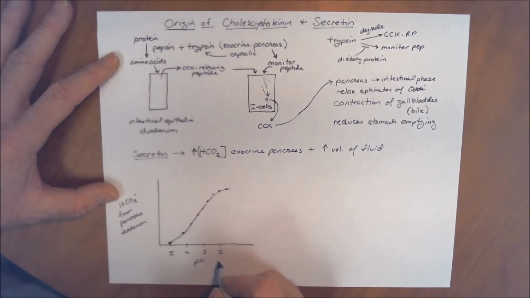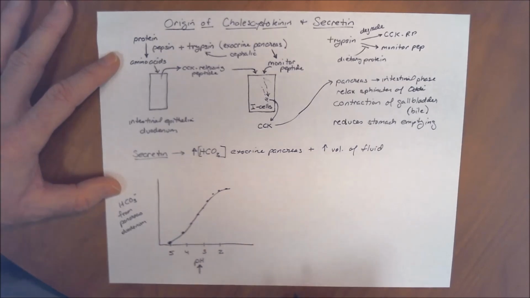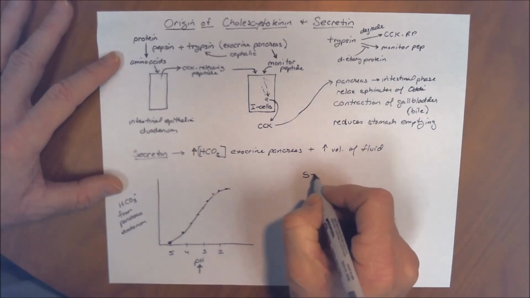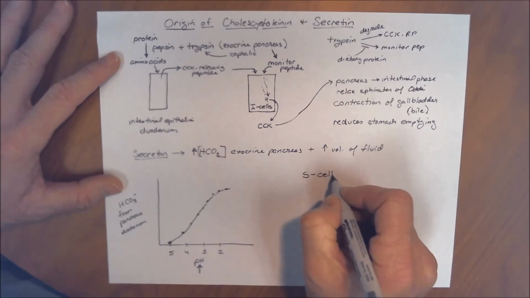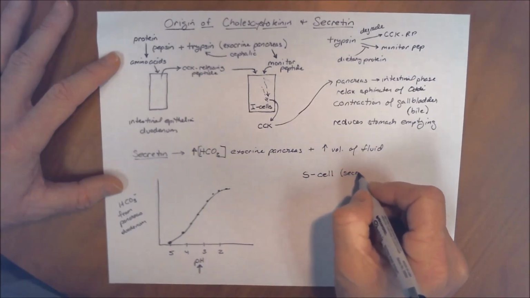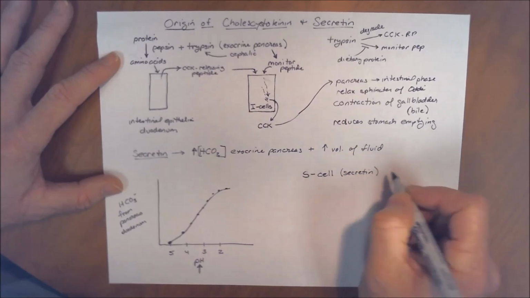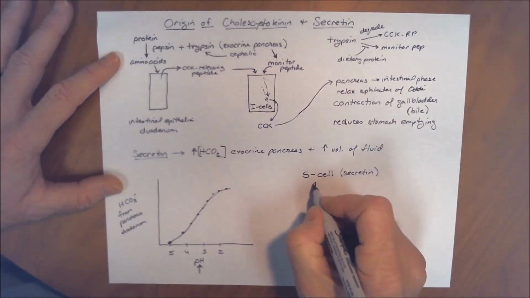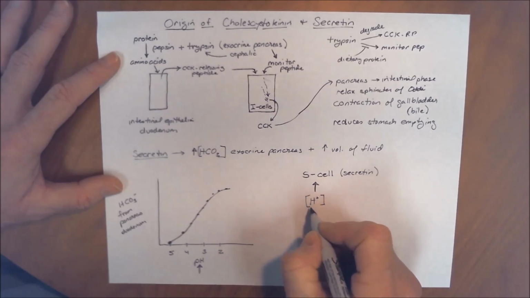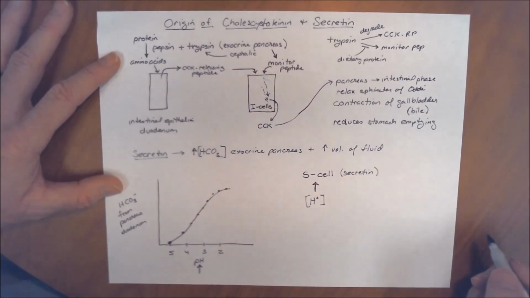So this is suggesting that the mechanism of secretin release is due to a pH-sensitive receptor. And this is the case. The cell type is an S cell, standing for secretin. And the S cell will recognize and detect, essentially quantify, the concentration of acid.